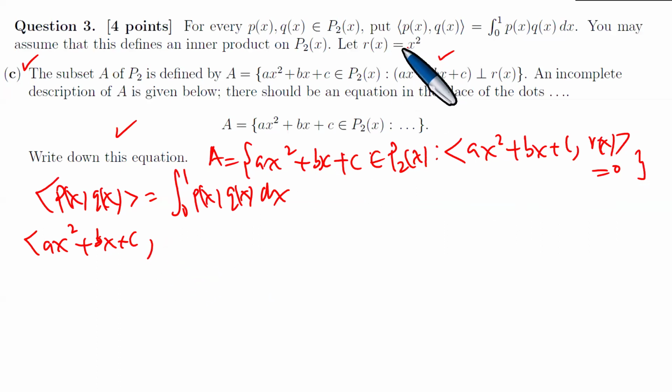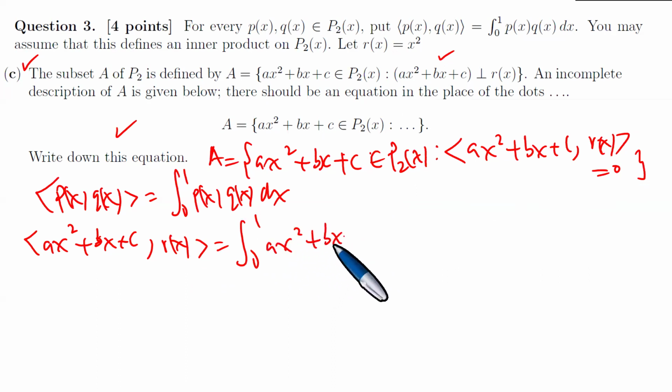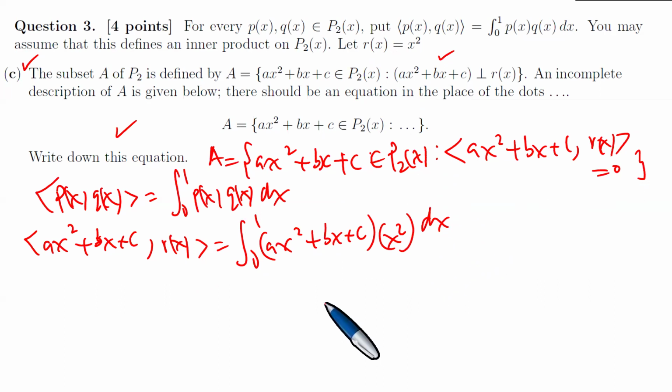What is Rx? It's x squared. So you have the integral from 0 to 1 of ax squared plus bx plus c times x squared dx.